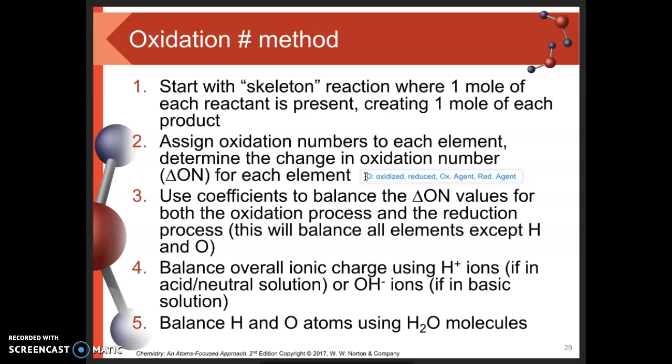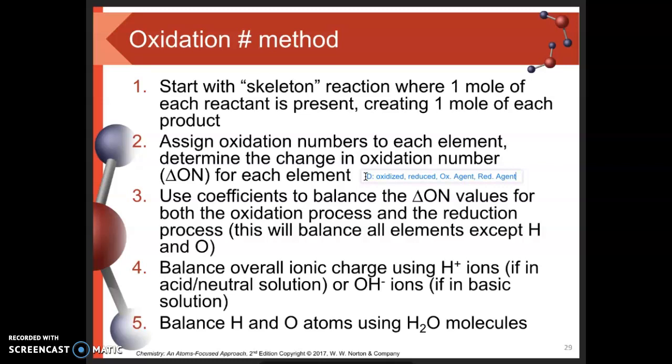The 4th step is to balance the charge. Now, oxidation reduction reactions can occur in acidic solution or in basic solution. The beauty of this technique is that the charge is going to be balanced by those ions: hydrogen ions if it's acidic, or hydroxide ions if it's basic.